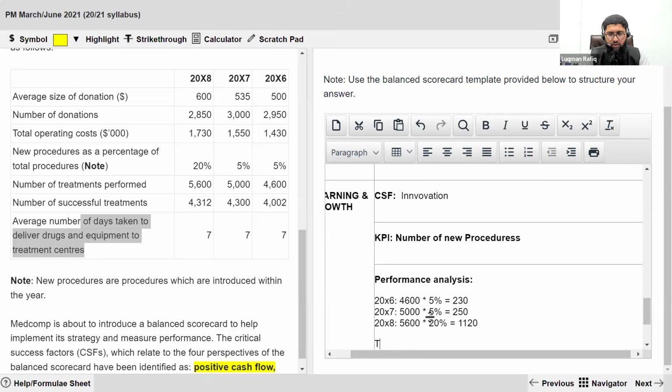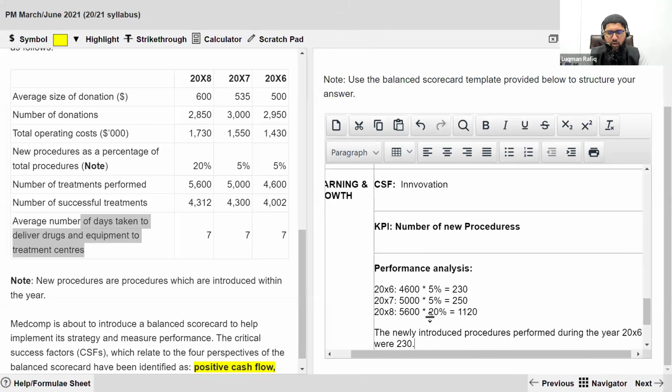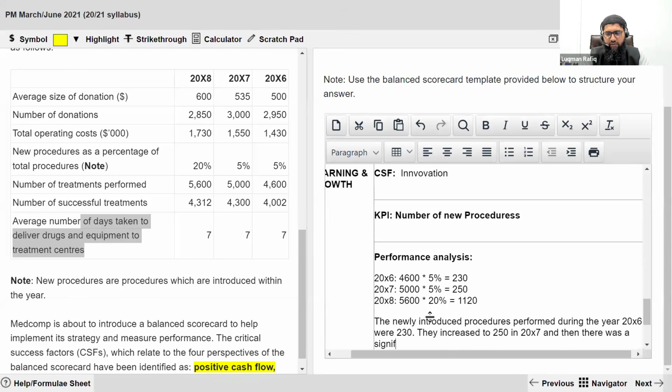The newly introduced procedures performed during the year 2000x6 were 230. They increased to 250 in 2000x7, and then there was a significant increase in 2000x8 to 1120.